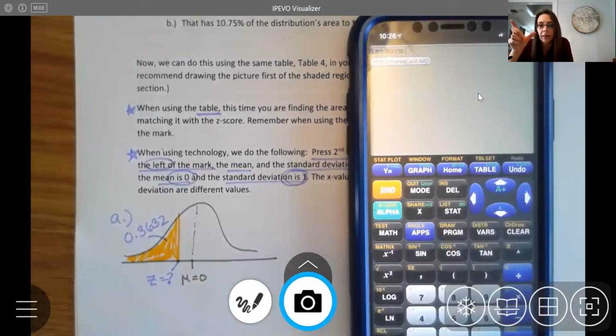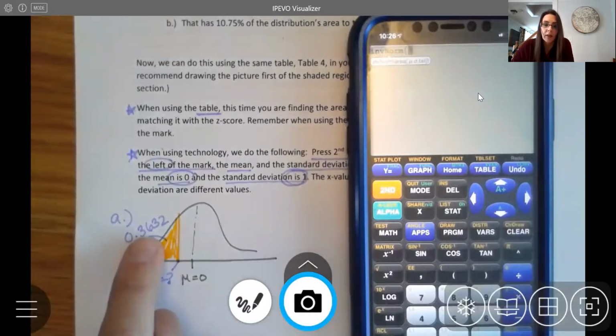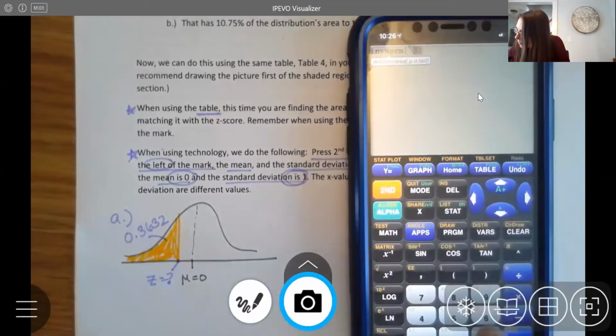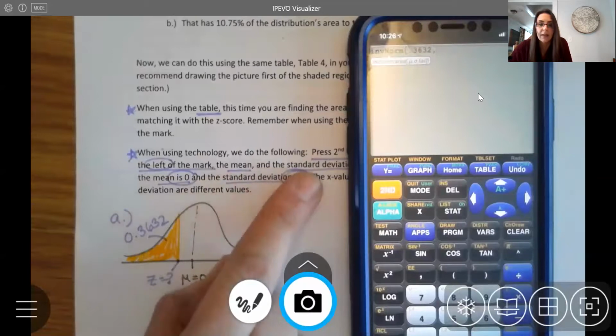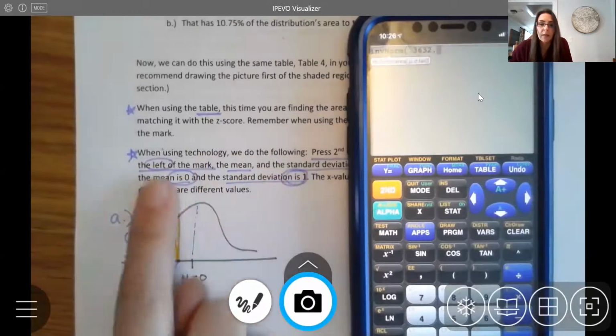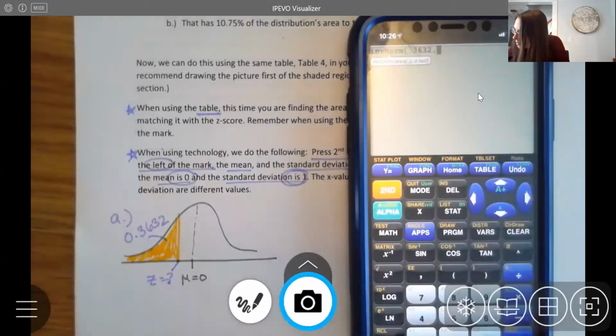So you're going to enter your area. We always enter the area with the shading to the left. So here my shading is on the left, so it's already set up perfectly fine. So I just entered that 0.3632. And then I'm going to put a comma, and then I enter my mean, and then my standard deviation. So if I'm talking about z-scores, my mean is going to be 0, and my standard deviation is going to be 1.